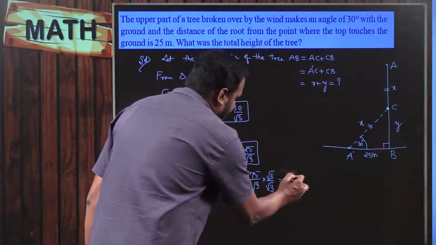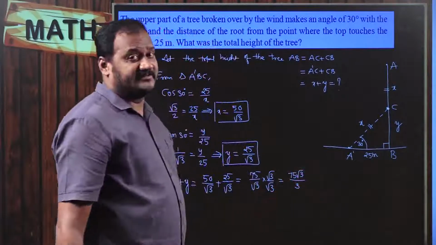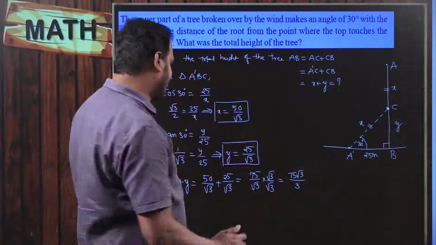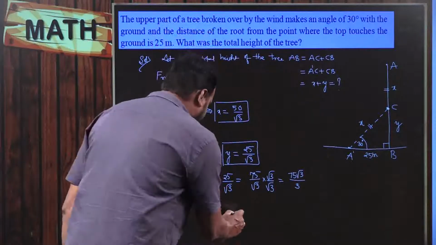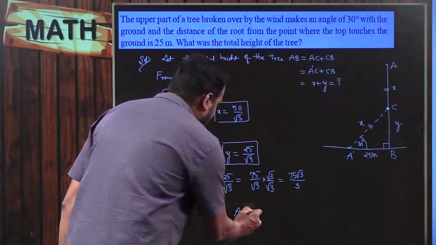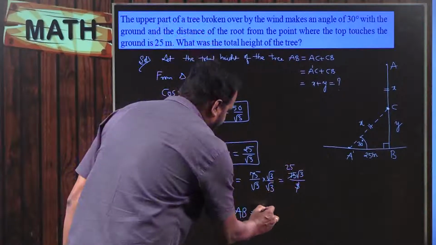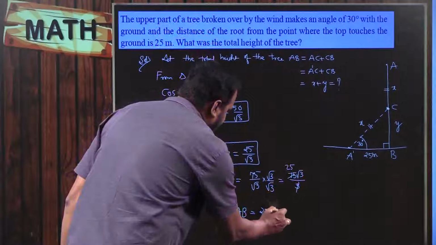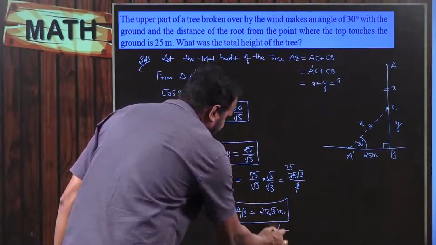So it would be 75 root 3 divided by 3. 3 how much are 75? 3 25s are 75. Therefore, the total height of the tree before it was broken, that is AB, is equal to 25 root 3 meters.